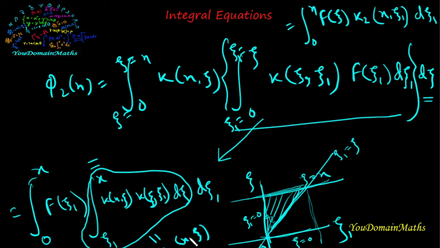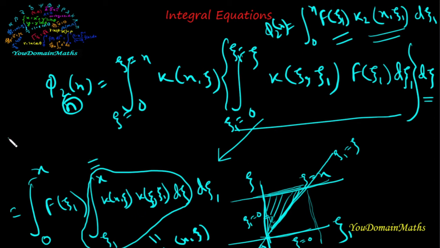If we rewrite the general term, that means φn(x). When φn(x) is written, f(ξ) is unchanged, f(ξ1) is unchanged, and a new kernel is generated. So it is called the iterated kernel.